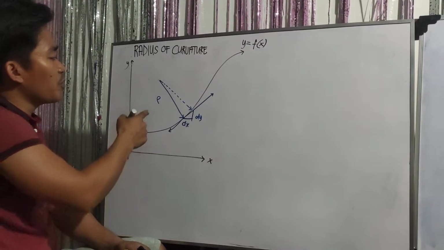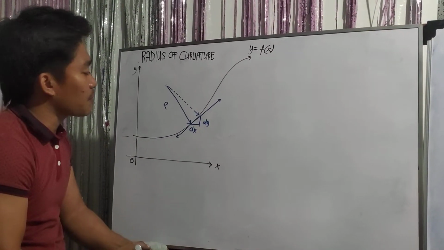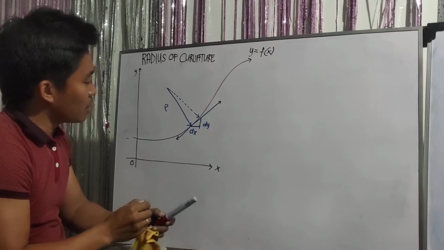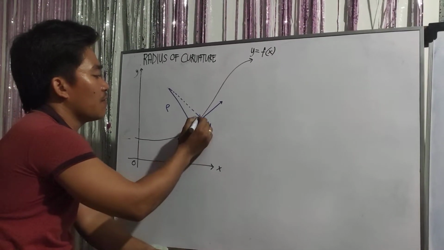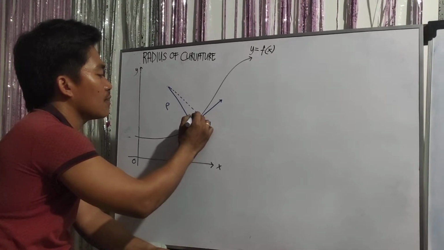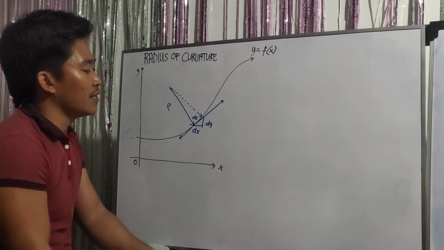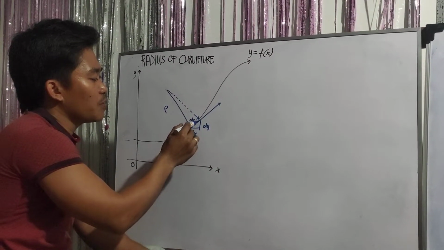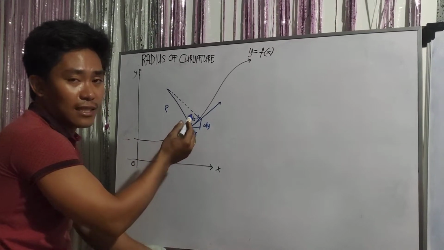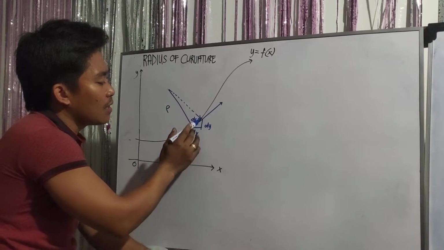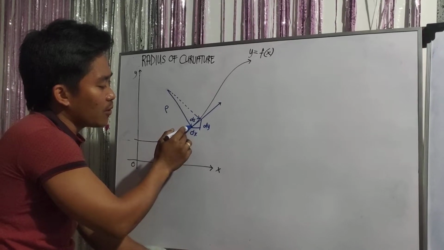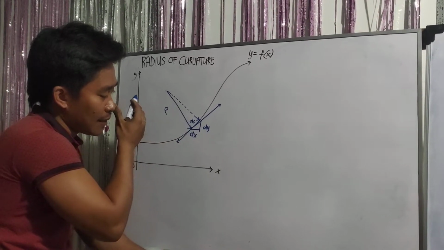Now, how do we derive that radius of curvature? Of course, we have this differential arc length ds. Okay? So, from this point up to this point, actually, this is an exaggerated drawing. This point and this point are almost adjacent to each other.